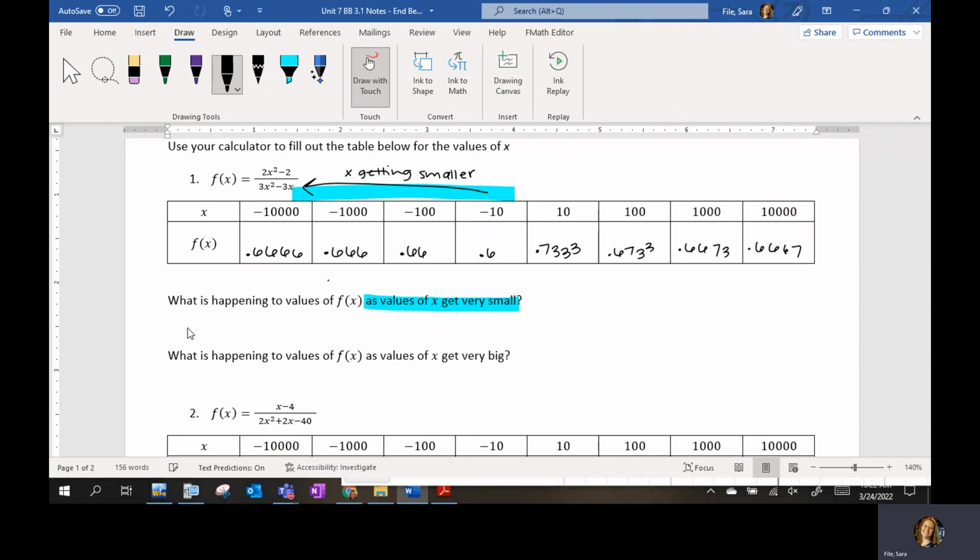So I'm going to say the values of f of x are approaching 2/3. Or if you want to put it as a decimal, that's 0.6667, right? It's 0.6 repeating. You can write it either way. But so as x gets smaller, f of x approaches 2/3.